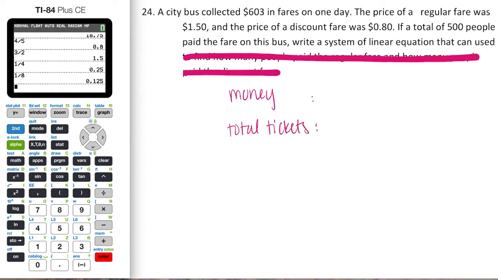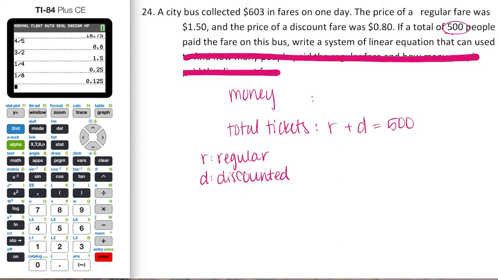So we know we have regular fares. I'm going to let R be our regular fares and D be our discounted fares. So it tells us that we sold a total of 500 tickets. So that means regular fares plus discounted fares equals 500 tickets. Then we're going to have the money equation.